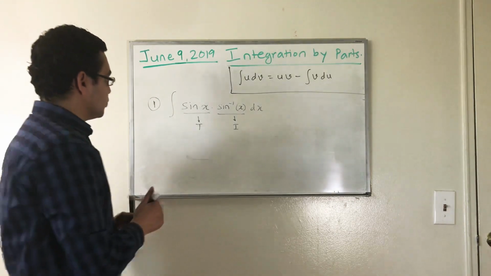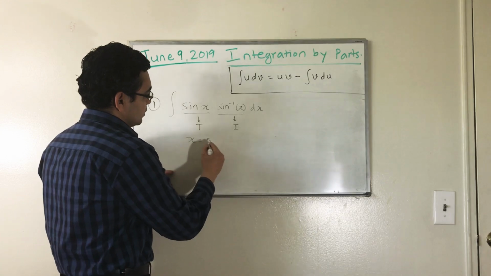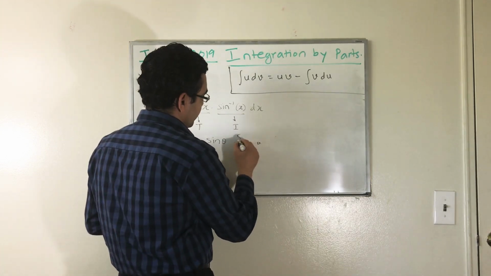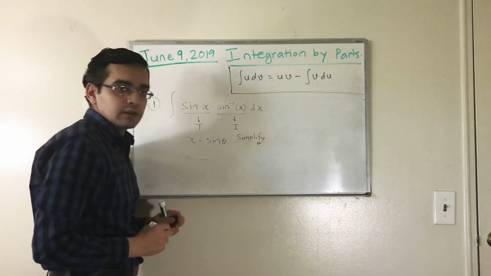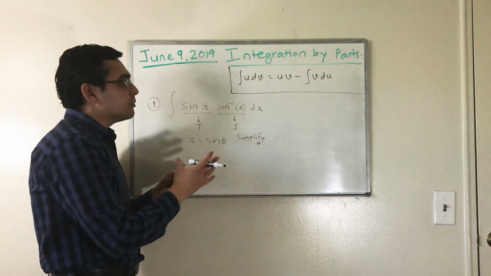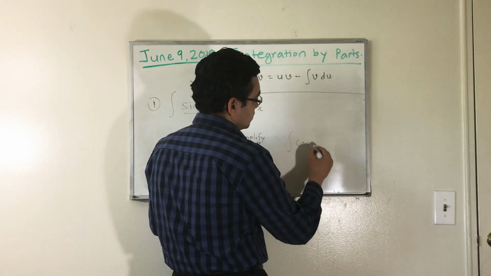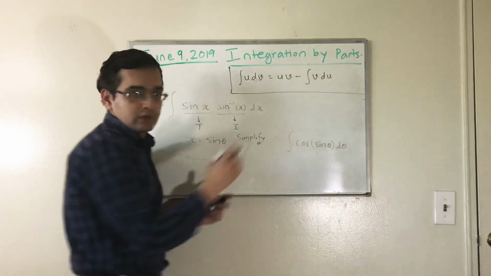The first step you might want to do is substitute x equal to, say, sine theta, and then simplify the integral. So you will end up with an integral of this type: cosine of sine theta d theta, and some more terms.